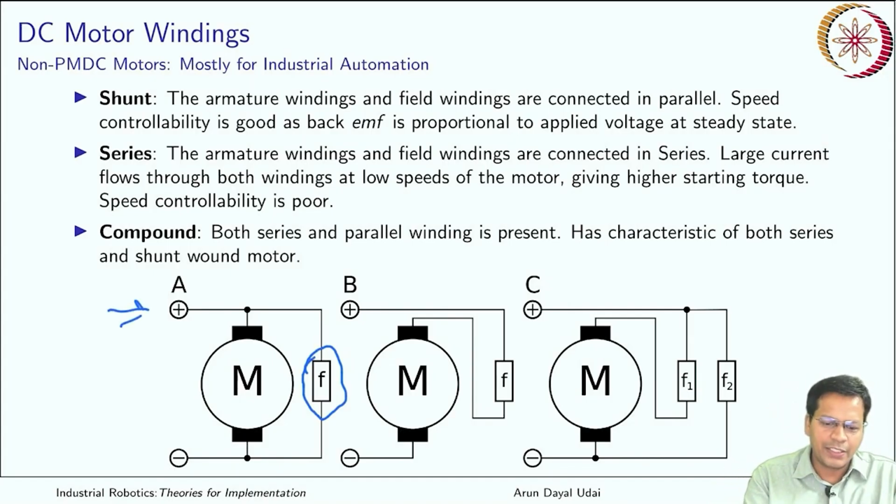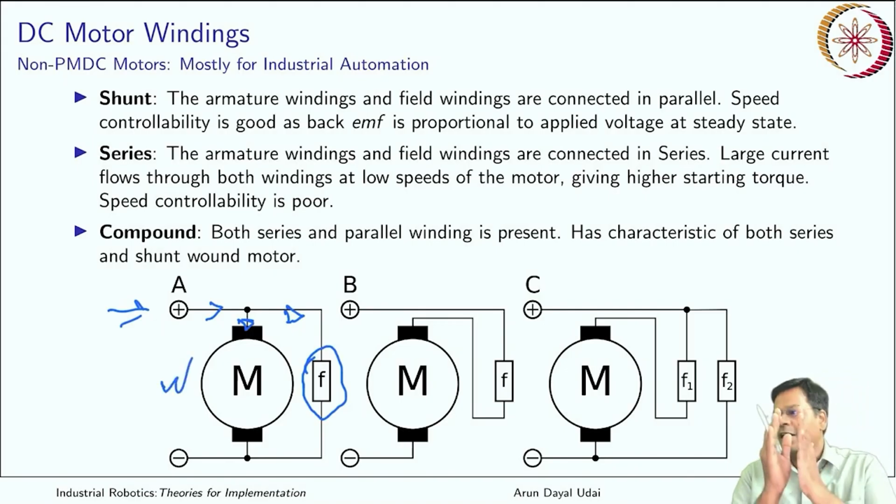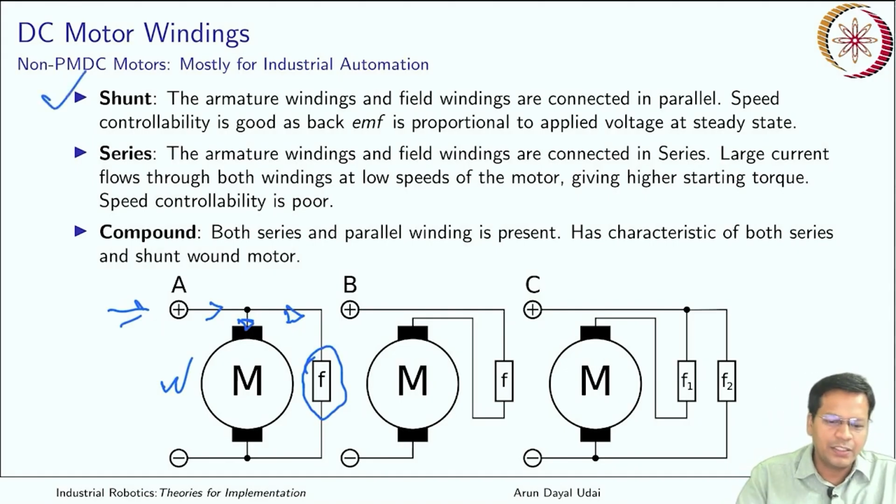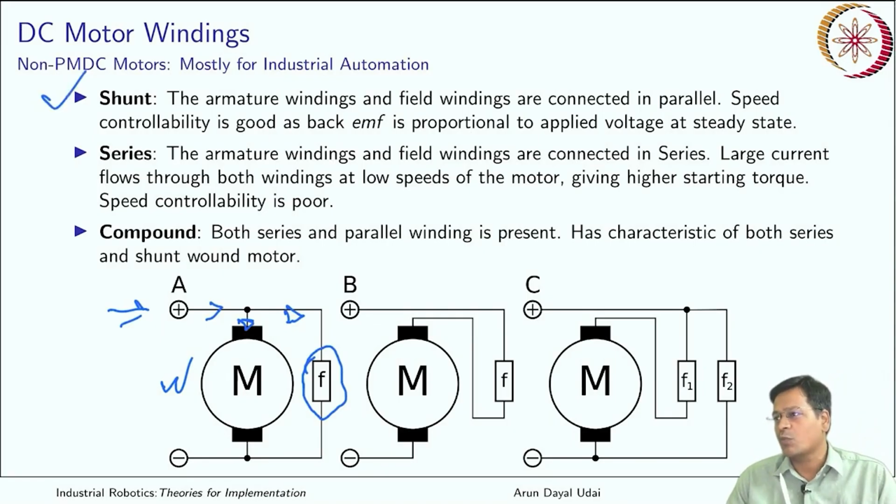Once the current comes, it may be divided between the field as well as the armature. If the field coil and the motor armature are connected in parallel to each other, that is known as a shunt DC motor. So armature winding and the field windings are connected in parallel. Speed controllability is good as back EMF is proportional to the applied voltage at a steady state. At a steady state, speed controllability is very good, okay.